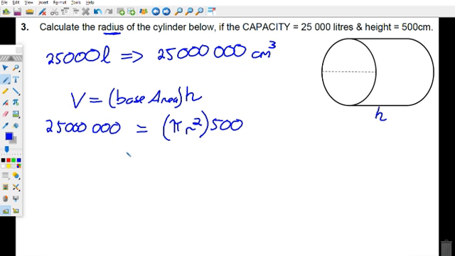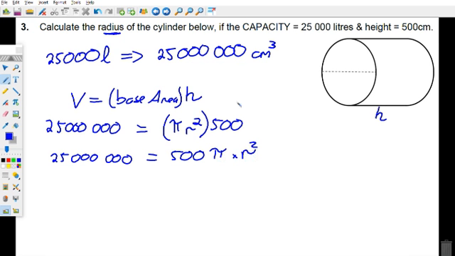So what's the first thing we can do? We can work in the brackets. So pi r squared multiplied by 500 is equal to 500 pi times r squared. Okay, you're multiplying in the brackets.